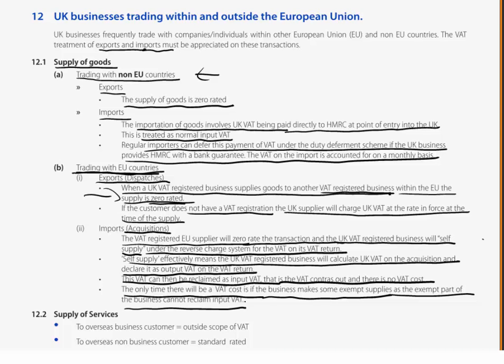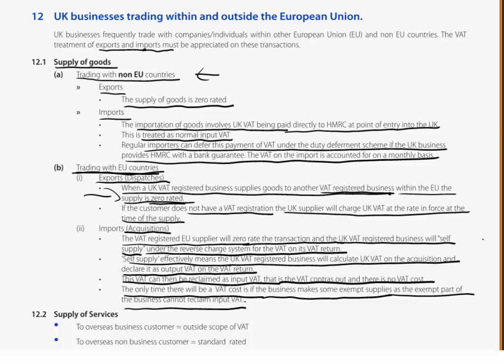I wouldn't suffer any such VAT cost on that purchase. My net cost would be £100,000. So if I got a choice between, on the same purchase, paying £120,000 to the UK supplier or £100,000 to the Chinese supplier or the German supplier, what am I going to do? Very obviously, I'd be buying in from overseas.